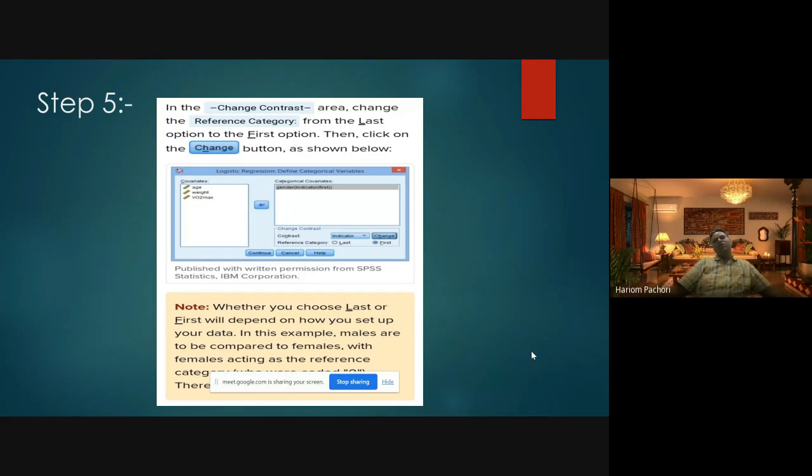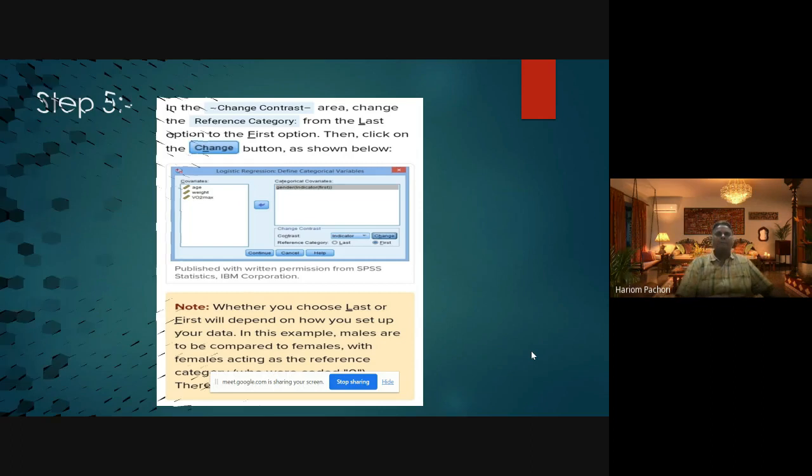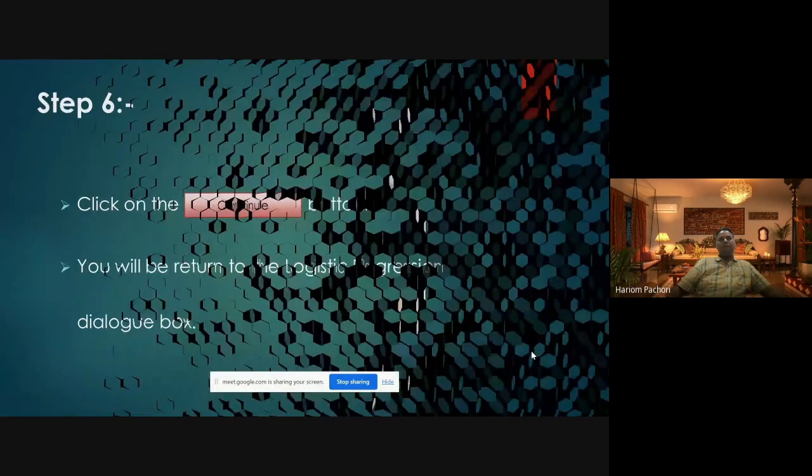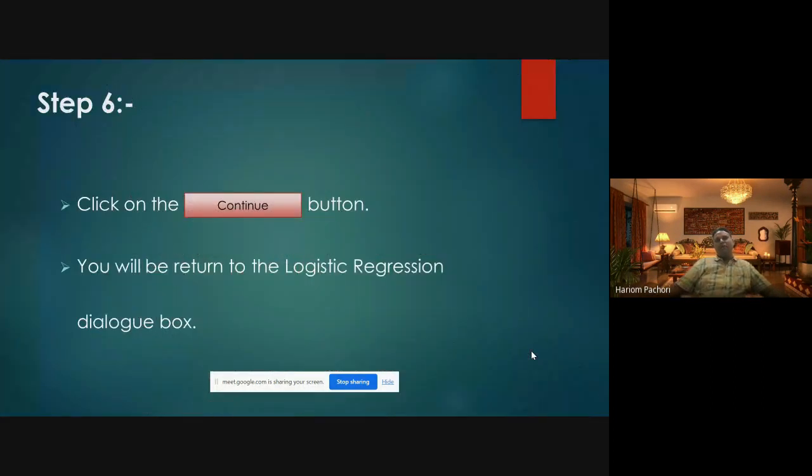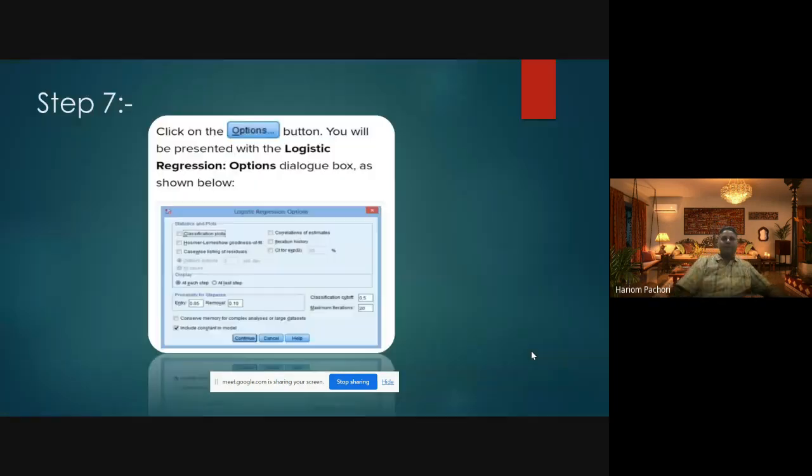So which one is your reference category, the one against which you want to see the regression coefficient? Then click on the Continue button. You will be returned to the logistic regression dialog box. Click on Options.